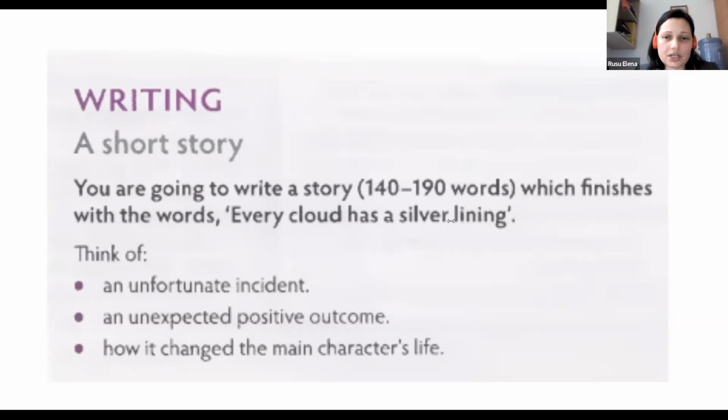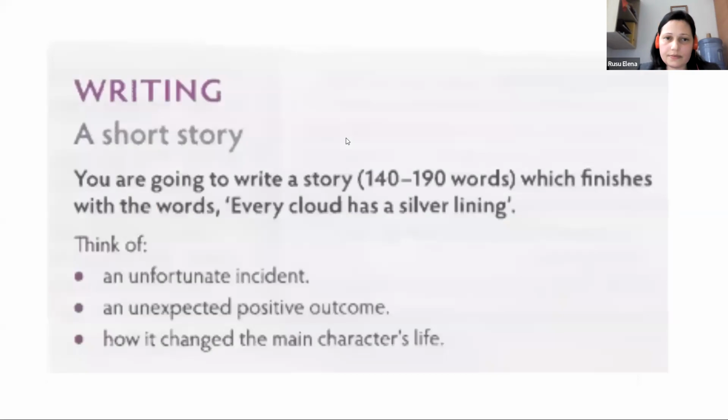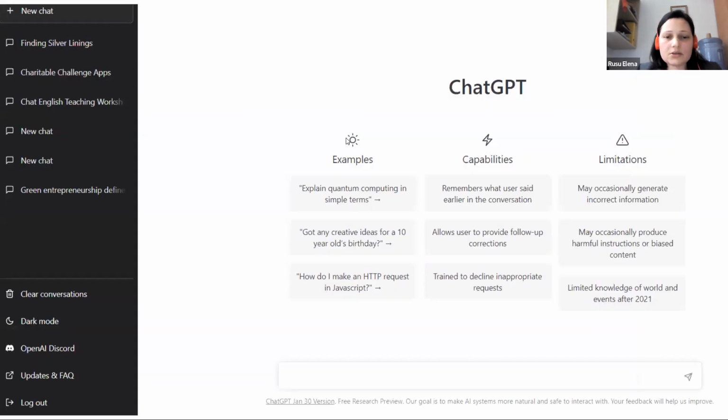Who managed to access ChatGPT and is on this site? Okay, please write in the chat who managed to access the site, managed to log in, create an account.